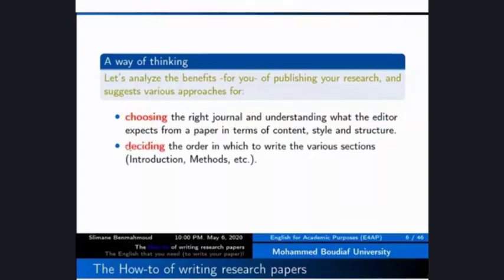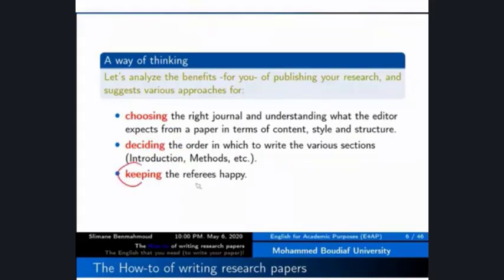To help you also decide the order in which to write the various sections of your paper, starting from the abstract to the introduction to other parts. Also, to help you keep the referees happy, which is very important, the referees or the reviewers.